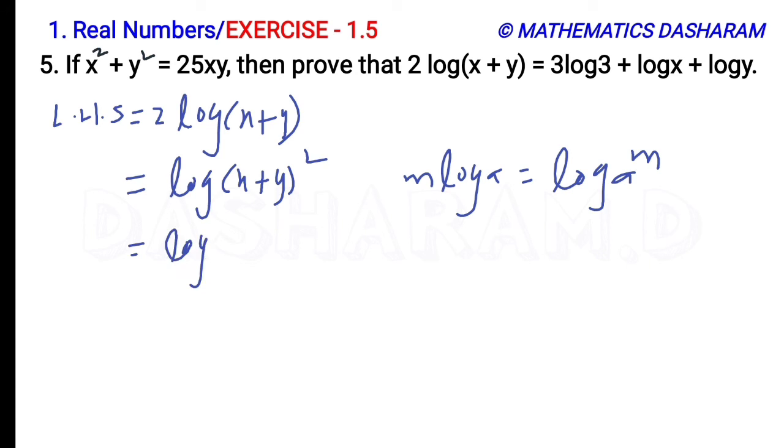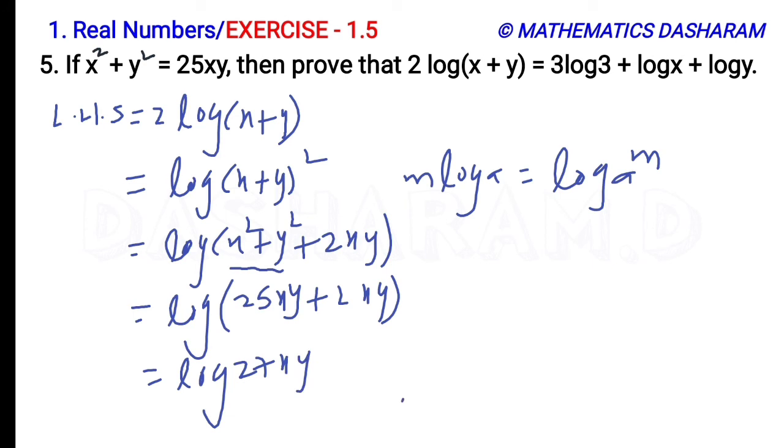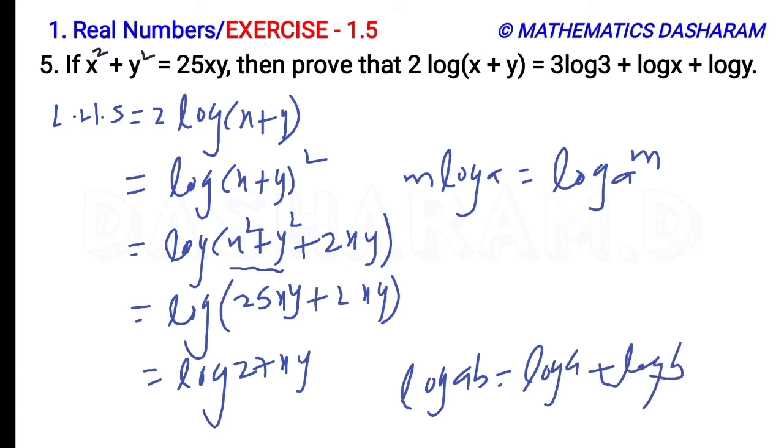So log x plus y whole square formula, x square plus y square plus 2xy. But as per the question, x square plus y square value given, that is 25xy plus 2xy. So log 25 plus 2, 27xy. Now the formula is log a into b, so log a plus log b.